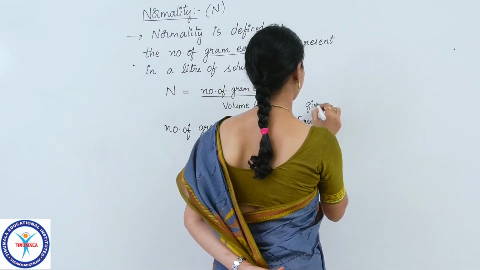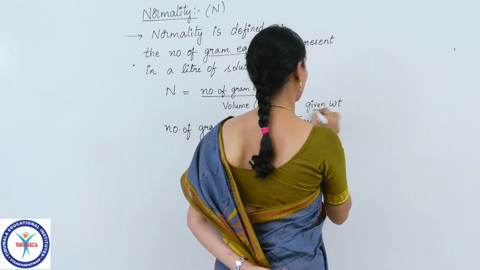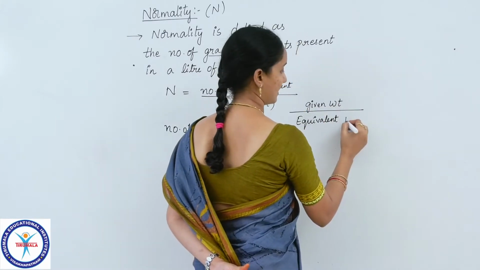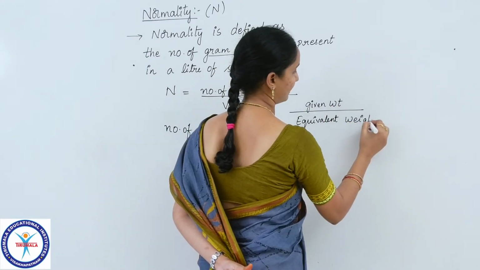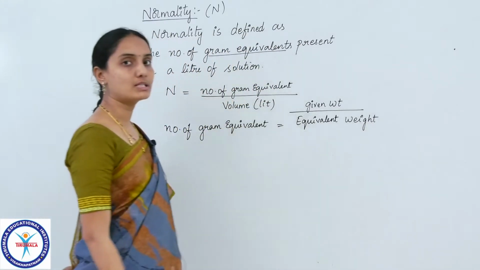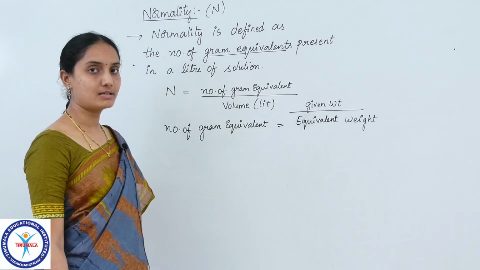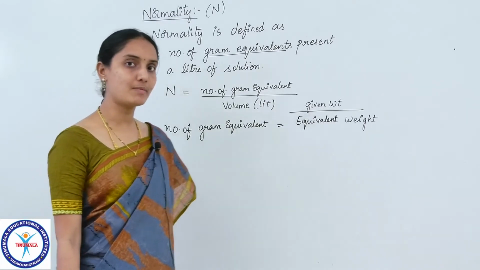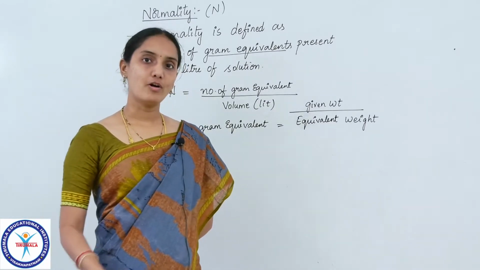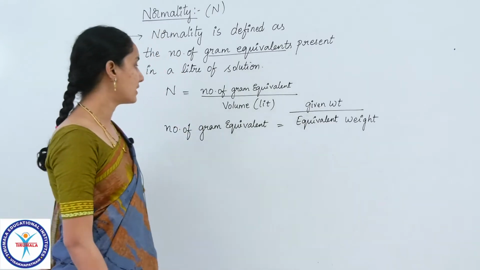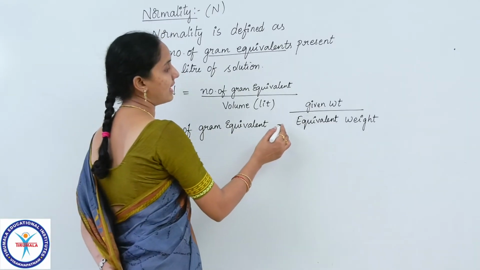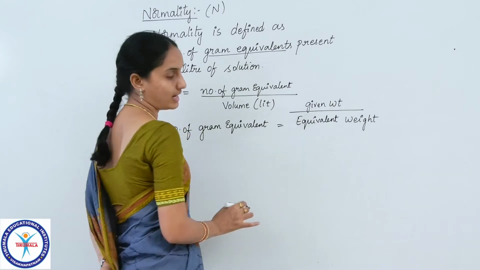For the number of moles you calculate the given weight by the molar weight, that is the gram molecular weight, calculated using the formula of a particular solute. Here the number of gram equivalents is calculated by the given weight divided by the equivalent weight.